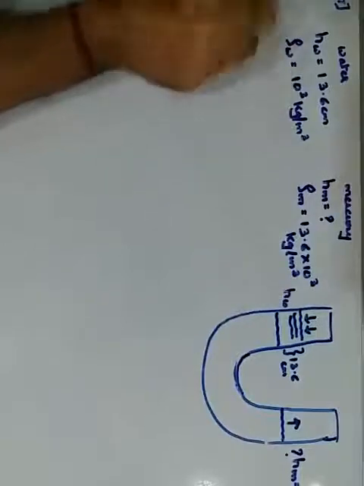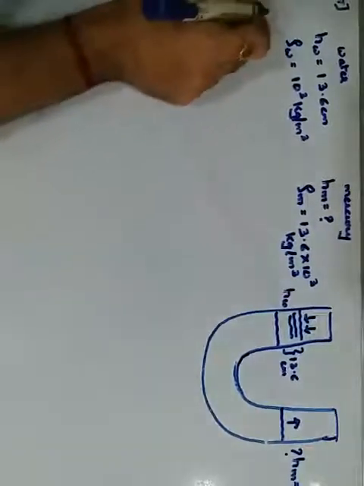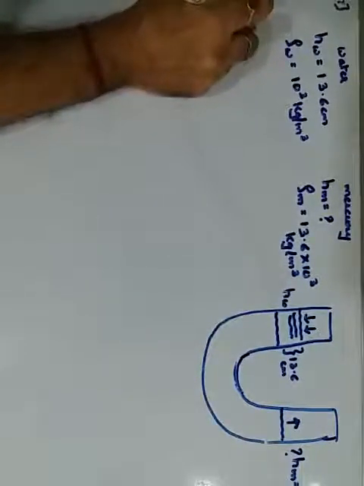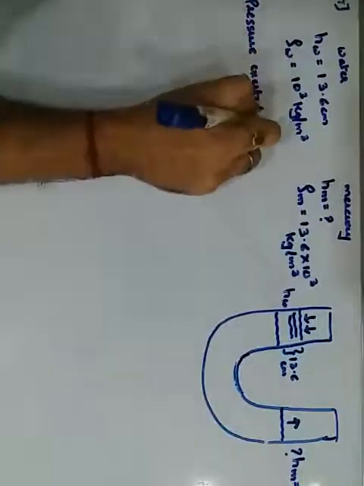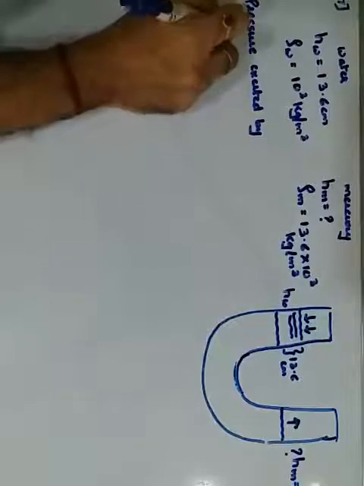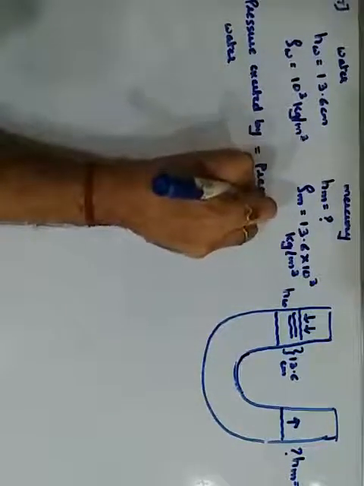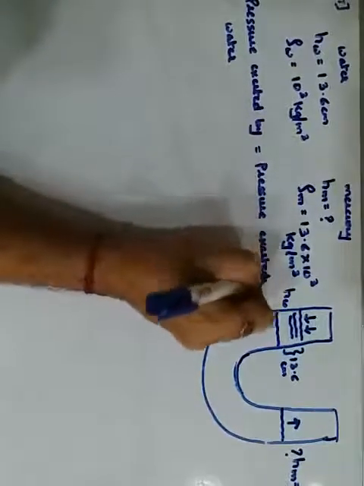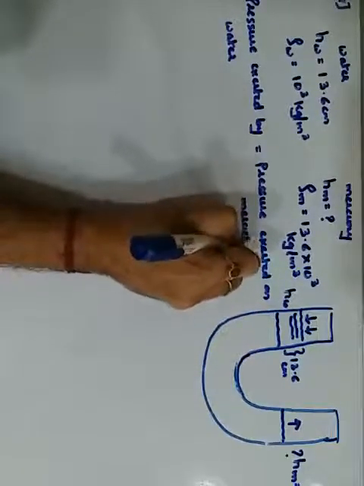So according to Pascal's law, or the pressure rule, the pressure exerted by water will equal the pressure exerted on mercury, because water is exerting pressure and it is acting on mercury.